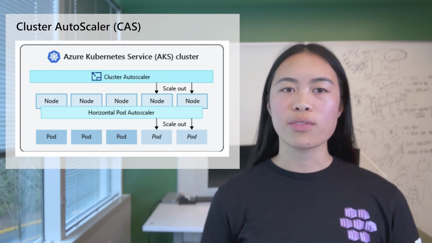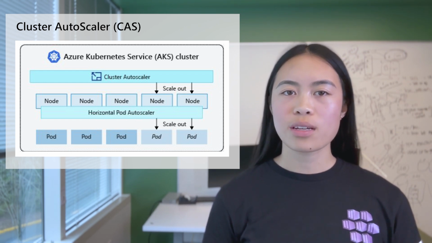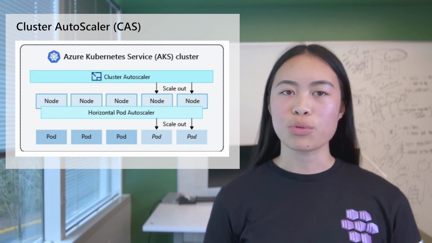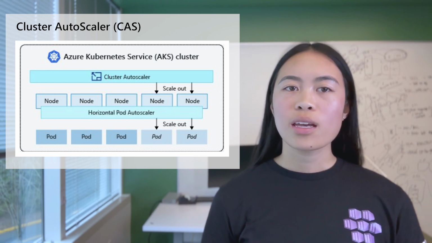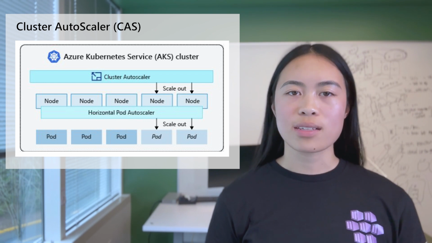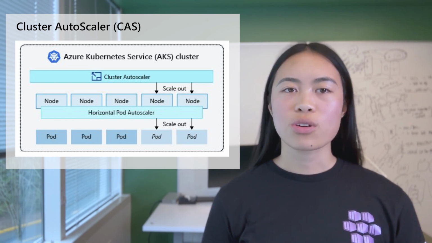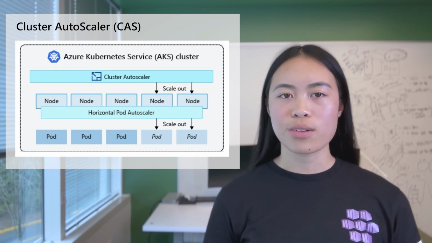If there's not enough allocatable resources for the pods to get scheduled on an existing node, then Cluster Autoscaler will create a new node of the same type in the node pool to meet the application demands and get the pod scheduled. It also regularly checks nodes for a lack of running pods and scales down the number of nodes when demand is low. When enabling Cluster Autoscaler, you specify the minimum and maximum number of nodes to scale to.